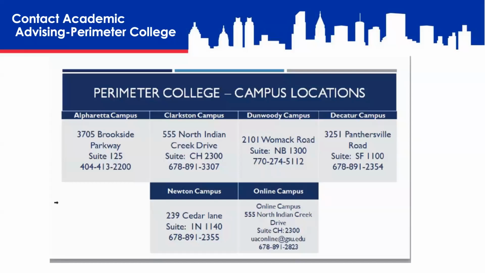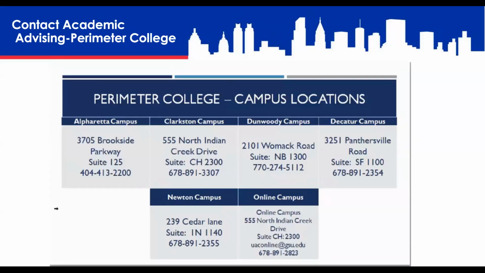I will put my email in the chat for everybody. So email me about housing. If you have a Perimeter College housing question, you can email me directly. And you can also Google off-campus housing at Georgia State University. Either way, they're on our off-campus portal as well.